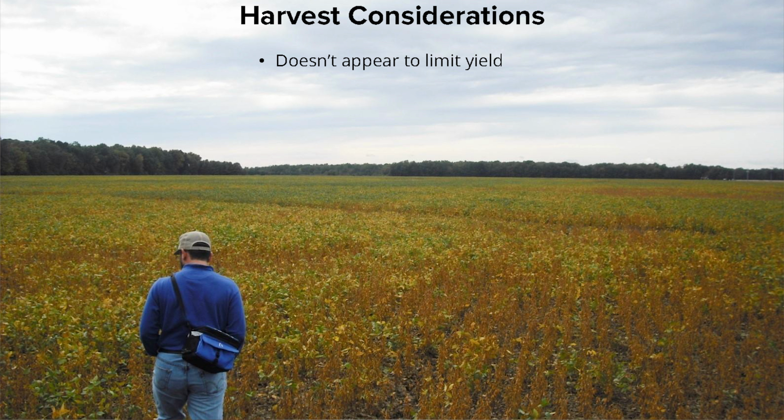However, we do need to be aware of seed quality and shattering losses because of green stems. If we're not able to get in there in a timely manner to harvest those particular fields, we could have some problems with seed quality and yield due to shattering. We do have reduced harvest efficiency just because of how tough these stems are to harvest.